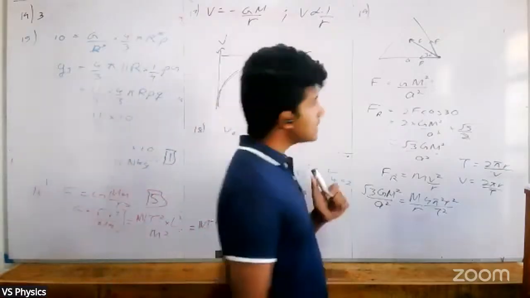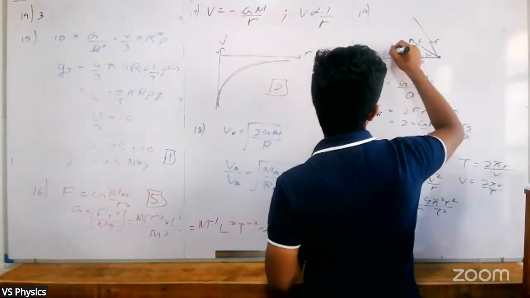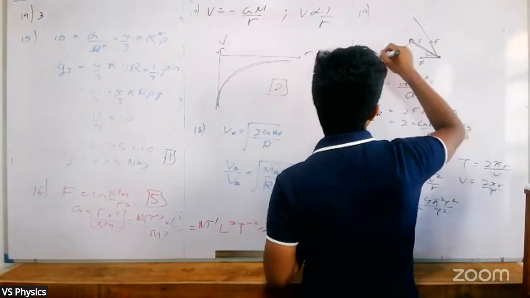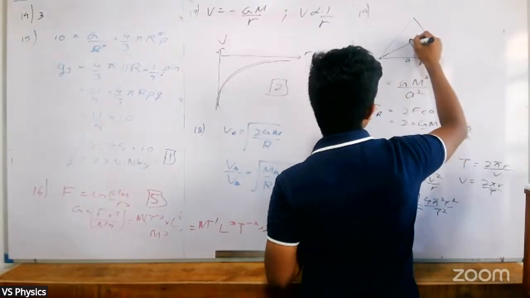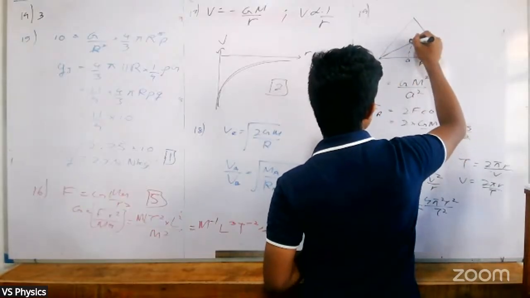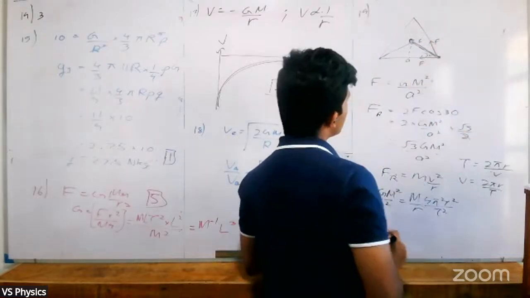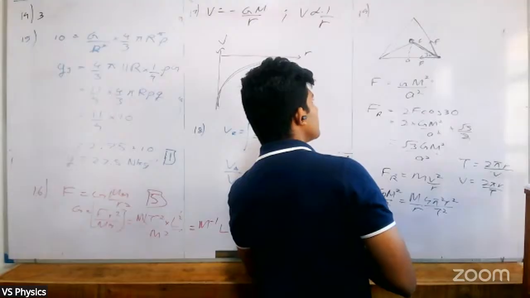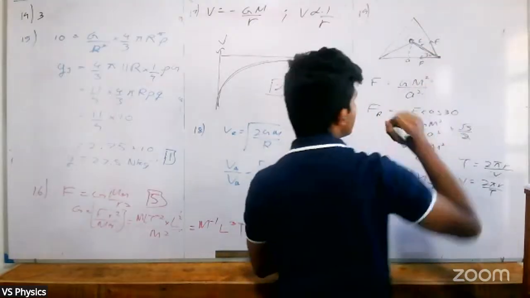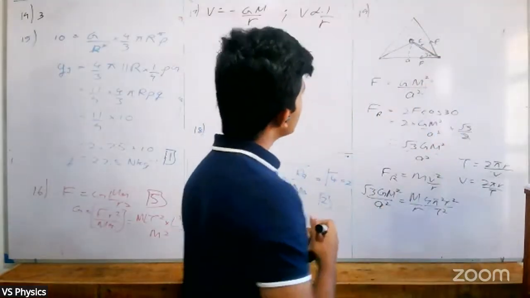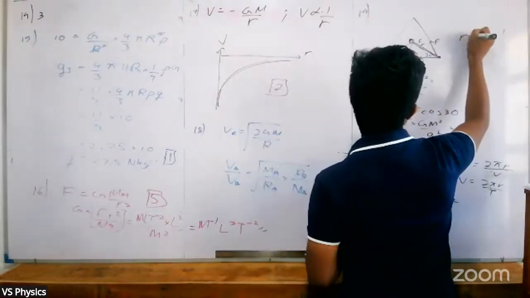If we draw the centroid, we have to find the radius by finding the length of this one. How can we find the length of that? Let's say that is r.